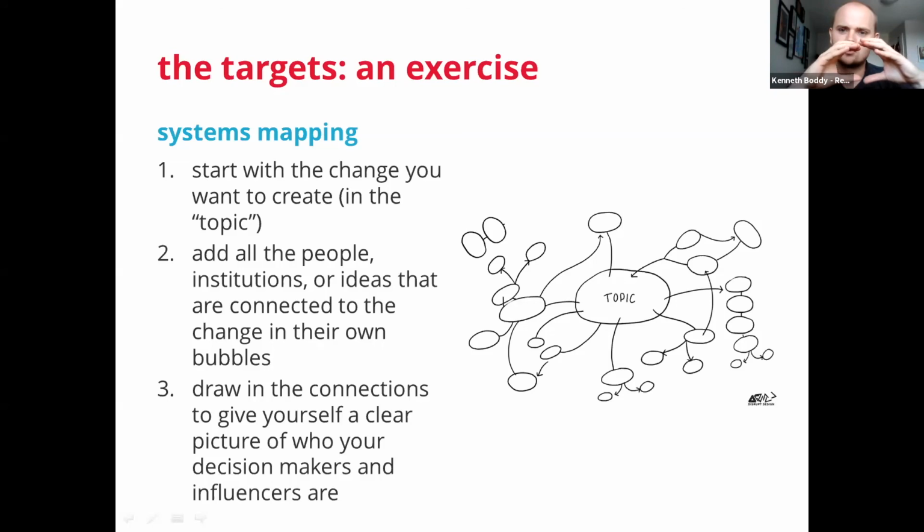You want to draw little bubbles, with the change you want to create in the center, and then on the outside you start to fill in people that might be involved in the decision or influencing the decision in some way. You can freestyle this, put people, institutions, individual names or large groups. But then after that, you want to start drawing in connections to see how each of these decision makers and influencers is connected to one another.